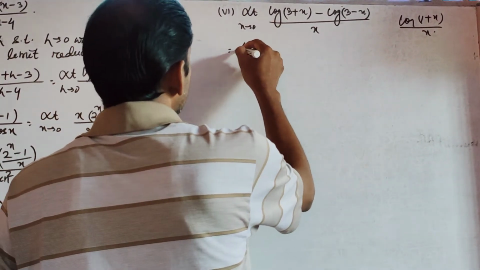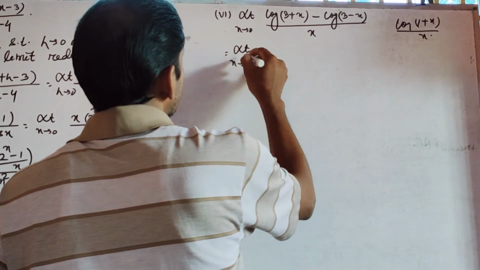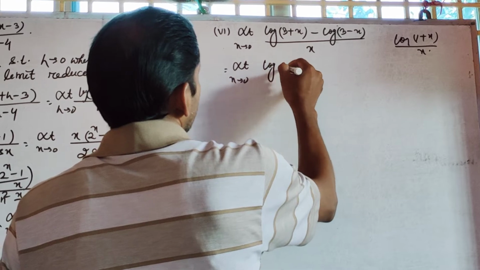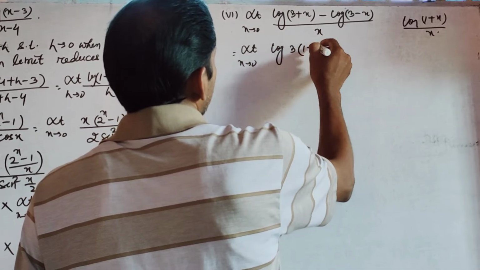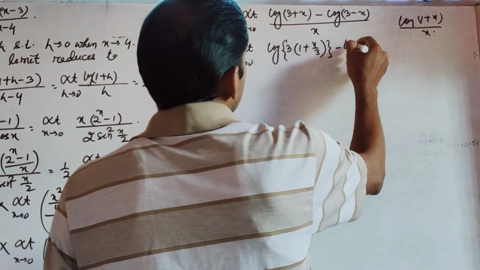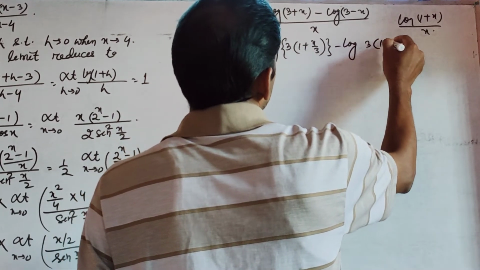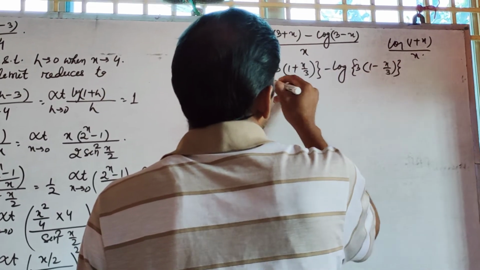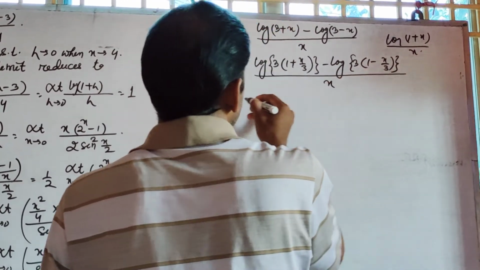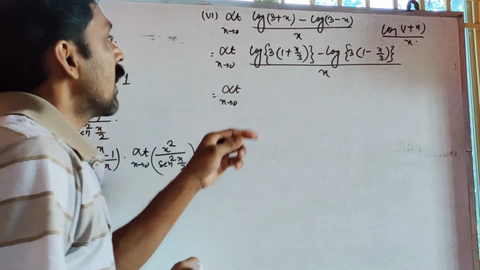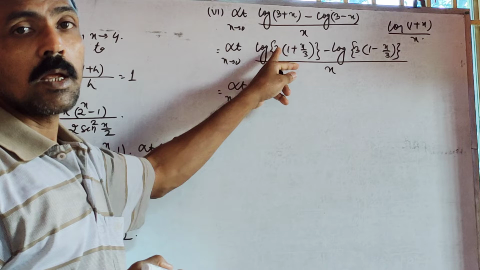So in the next step, you can write it as limit x tends to 0, it is log 3 into 1 plus x by 3 minus log 3 into 1 minus x by 3 whole divided by x. Now here it is in the form of log AB.